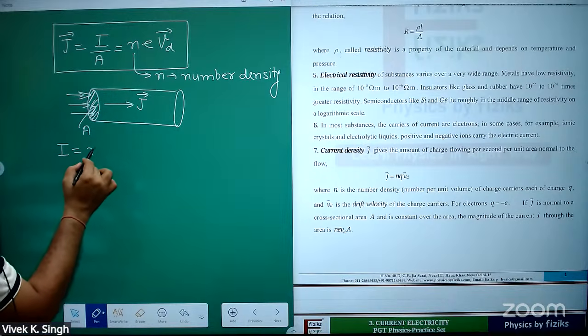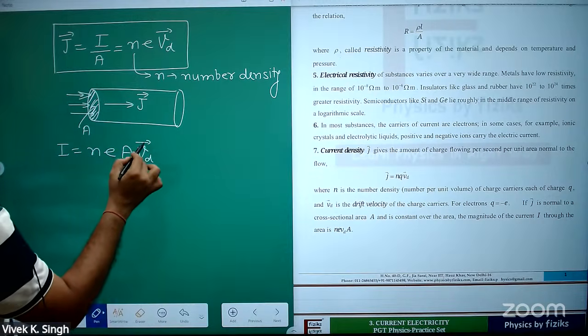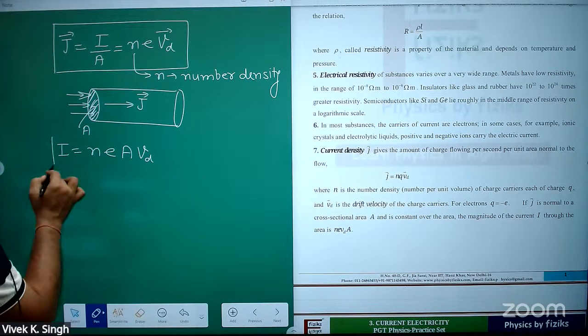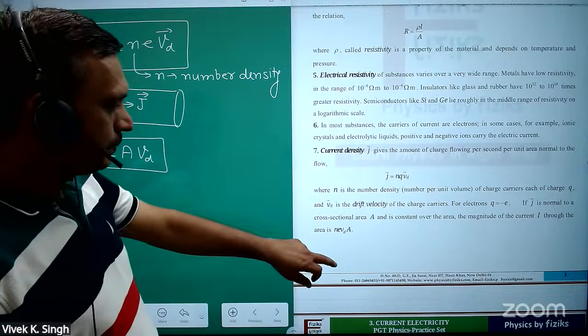So what will be total current I? I is given by neAvd. You have to remember, take it as a scalar quantity because I is a scalar.